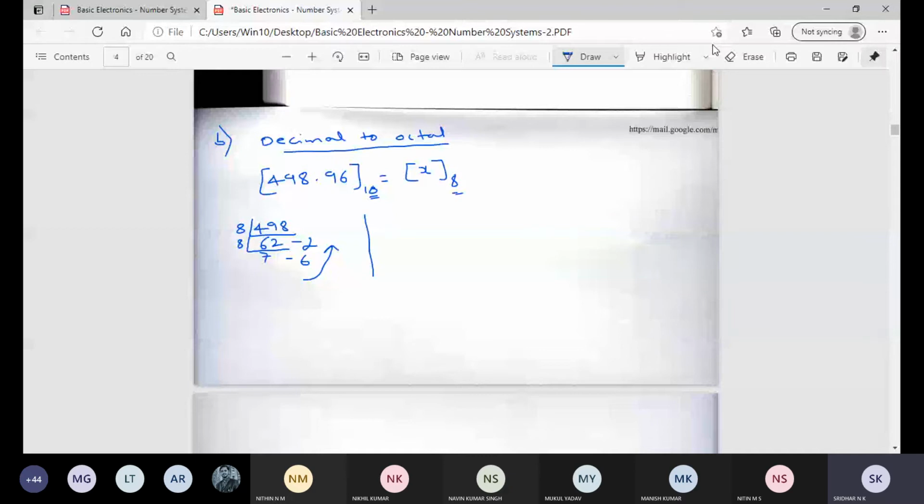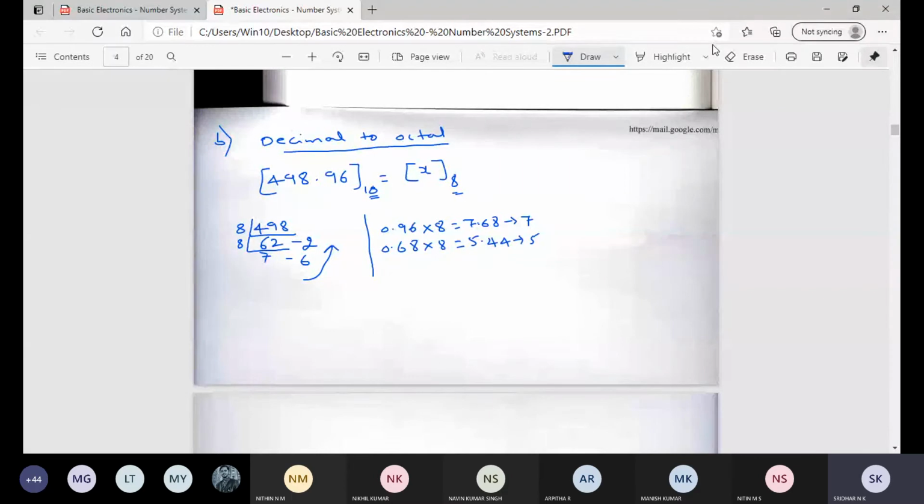Now the fraction part, 0.96. It is successive multiplication. 0.96 into 8, what will be the product? 7.68. Note down the integer, and the fraction is moved to the next iteration. 0.68 into 8 is 5.44.